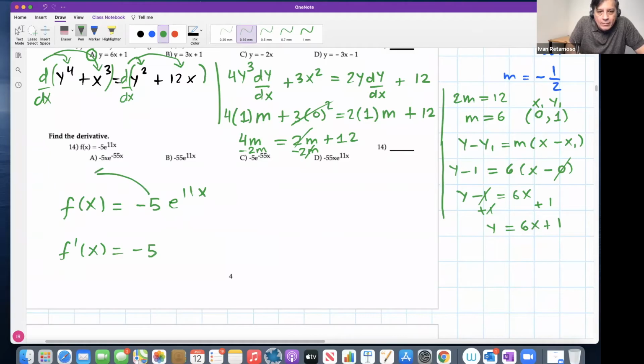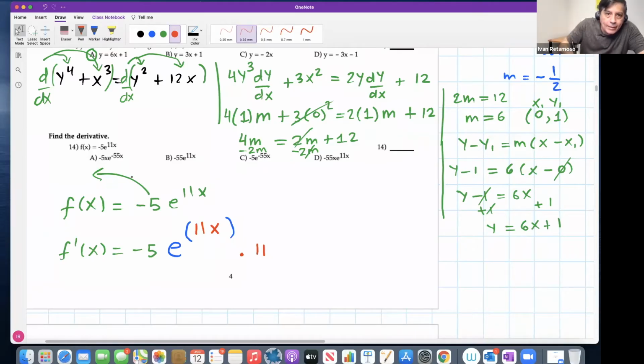The constant will come out, don't worry about that, but focus on this function, e raised to what? I rather write the exponent within parentheses for you to notice that it's an inside function, 11x. So we take the derivative of the outside function, which is itself, times the derivative of the inside function, which is 11.